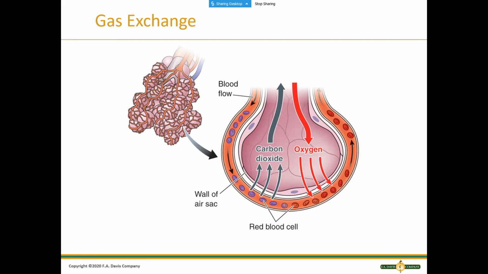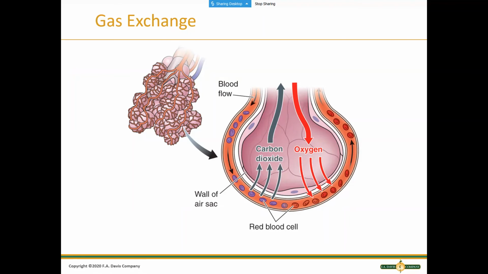The Q, which stands for perfusion, don't ask me why, they're just trying to confuse you. The Q is talking about the blood flow around that alveoli. So we have ventilation and we have perfusion. And you can have a problem with either of those things.